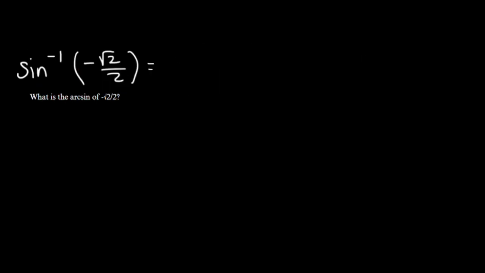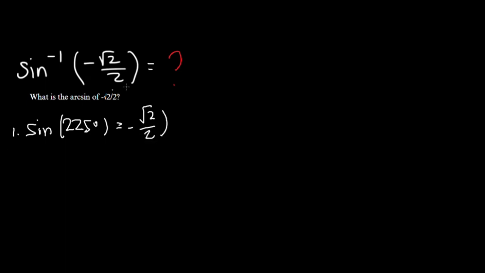For our next given, we have what is the arcsin of negative square root of 2 over 2. Obviously, we have multiple possible values. Sine 225 degrees, which is nag-equal sa negative square root of 2 over 2.